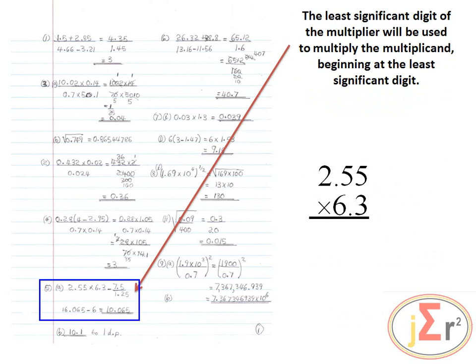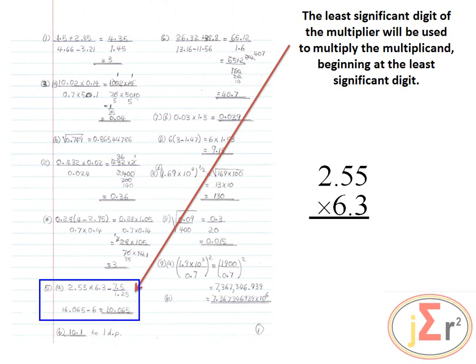The least significant digit of the multiplier will be used to multiply the multiplicand, beginning at the least significant digit. And this might be a little more than a mouthful, but the demonstration thereof will make it very clear.